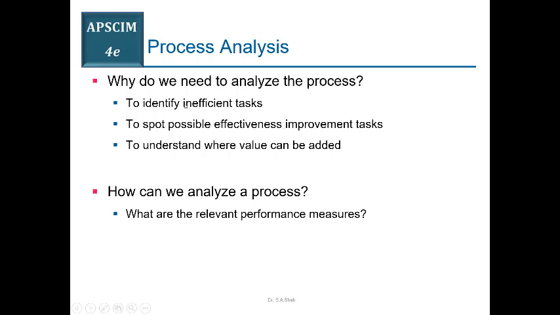That is, where there are inefficiencies, where there is a lot of waiting, how we can decrease them, how effectively we will perform those processes with as limited a number of machines as possible. And then finally to understand where the value can be added.